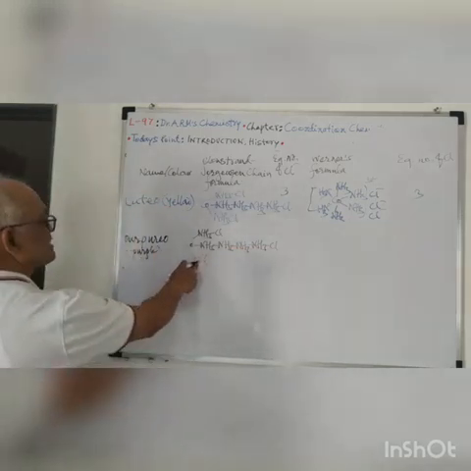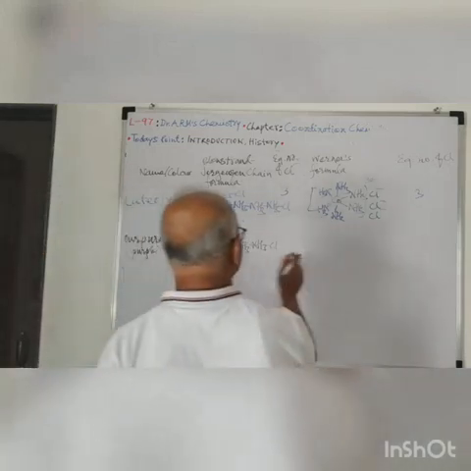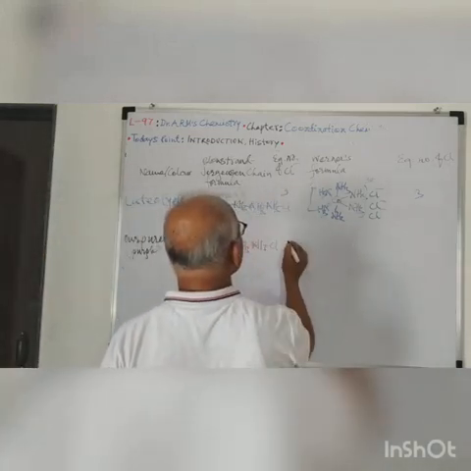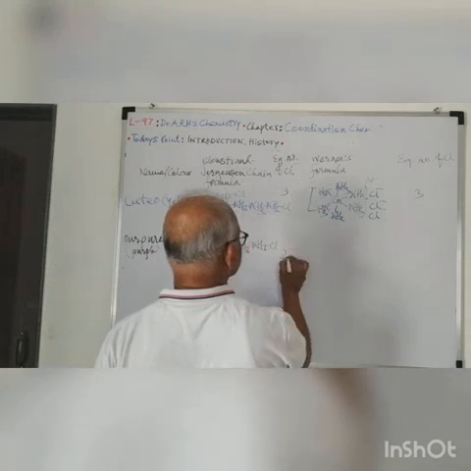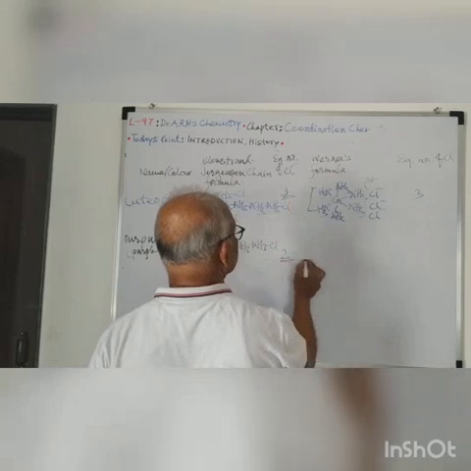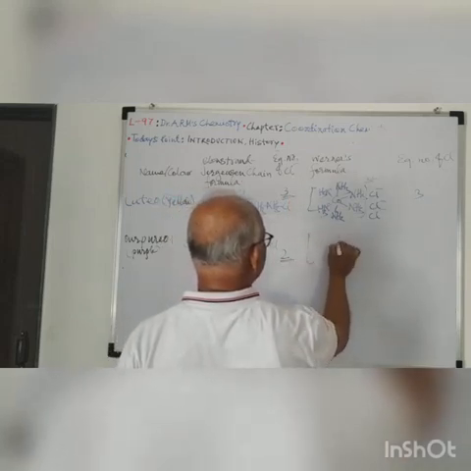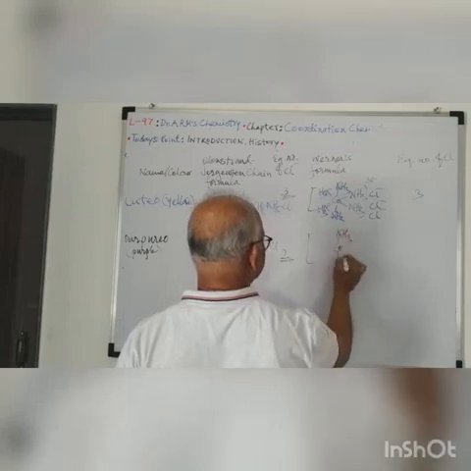So one of these NH3 is removed. Then this is equivalent to 2Cl-. Like it has a structure like this. Cobalt is at the center.